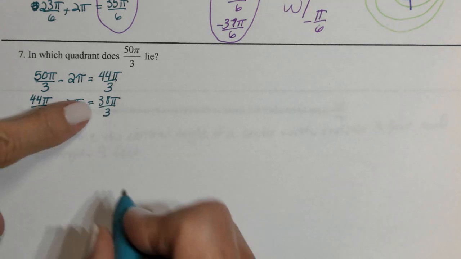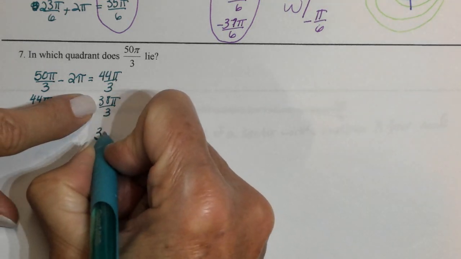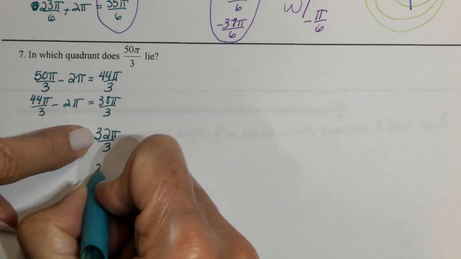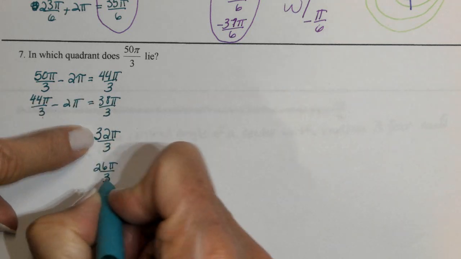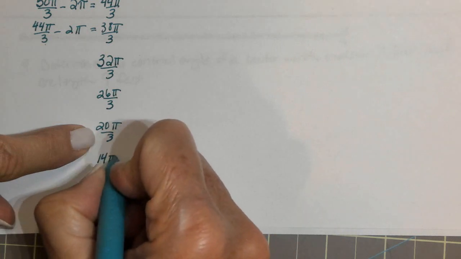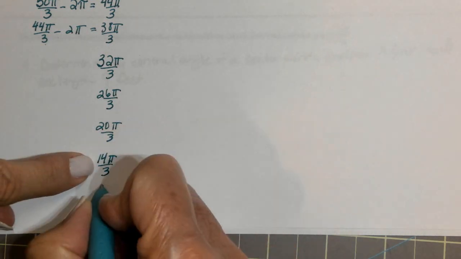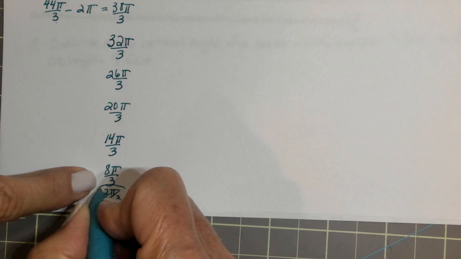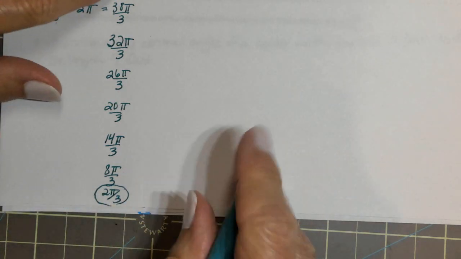So keep subtracting 6 from the numerator. 32 pi over 3, 26 pi over 3, 20 pi over 3, keep subtracting 6, 14 pi over 3, another 6 is 8 pi over 3, another 6 would be 2 pi over 3. Okay, so 50 pi over 3 is coterminal with 2 pi over 3.